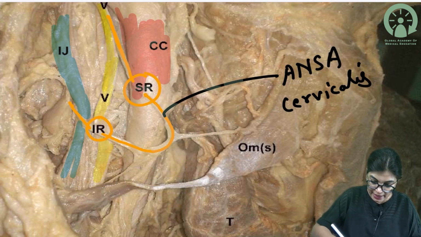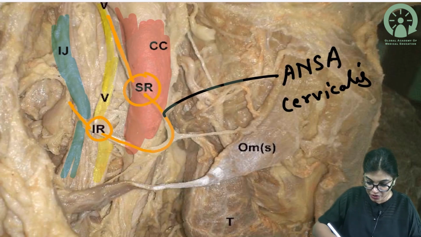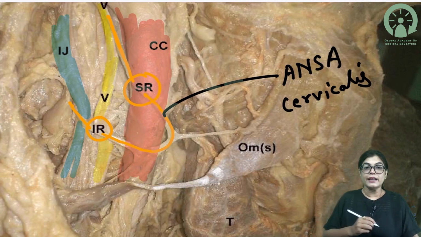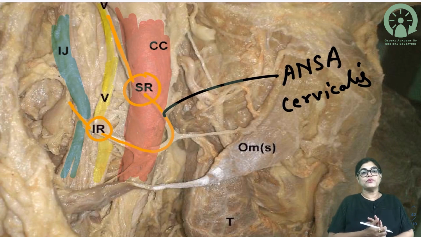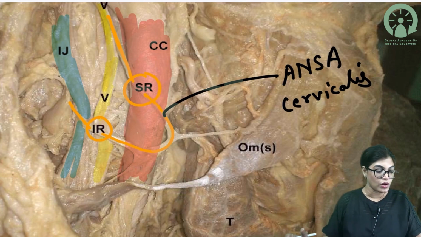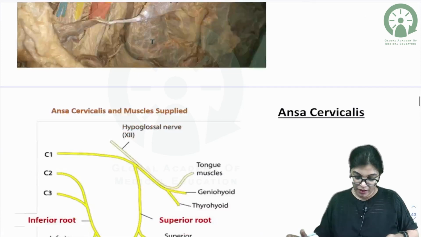See here exactly the nerve loop is running anterior to these three structures, that is IJV, vagus and carotid artery, and this nerve loop is ansa cervicalis embedded in the anterior wall of carotid sheath.